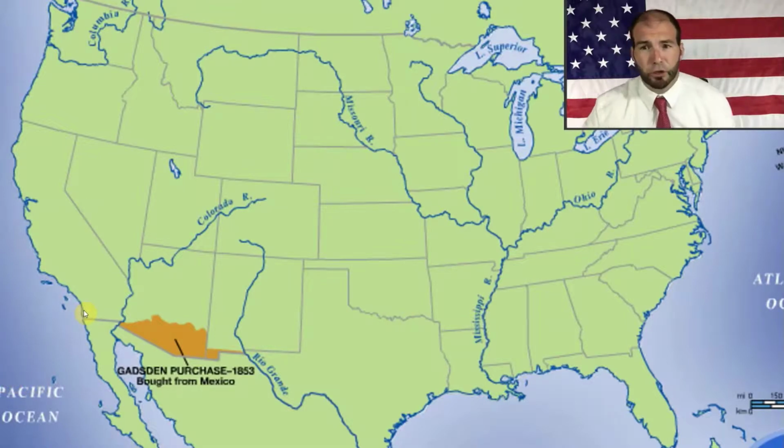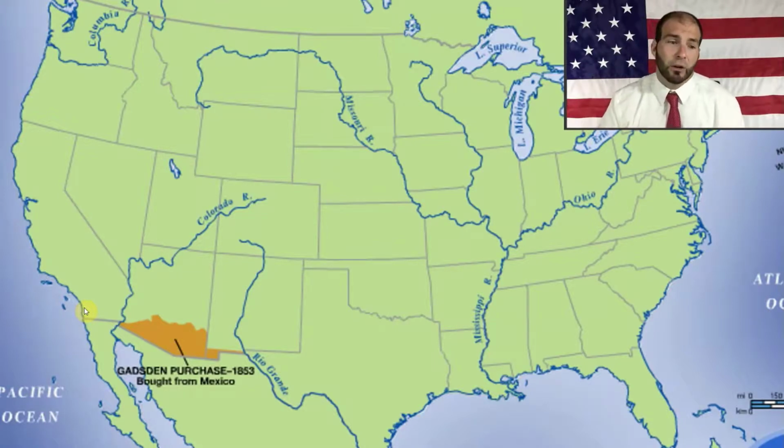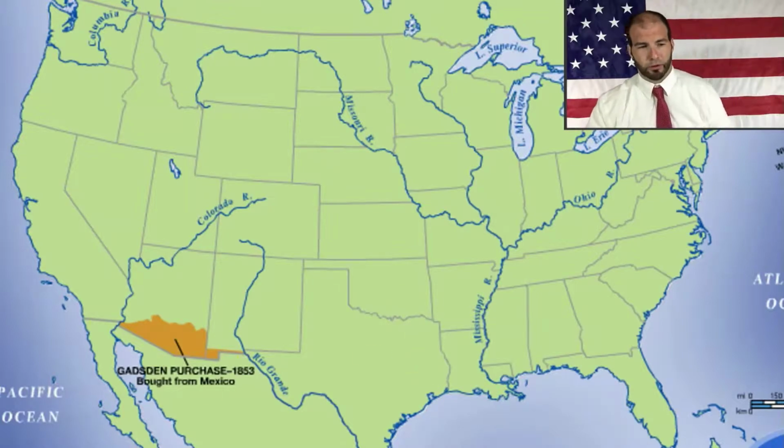So the Gadsden Purchase is how we get Arizona for $10 million extra. So after this, we are pretty much here, the bottom and the top, thanks to James K. Polk. This is the outline of the American territories. All right. This is going to be really important.